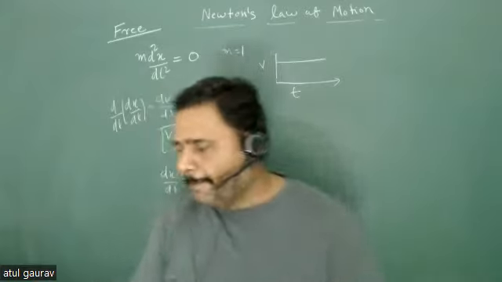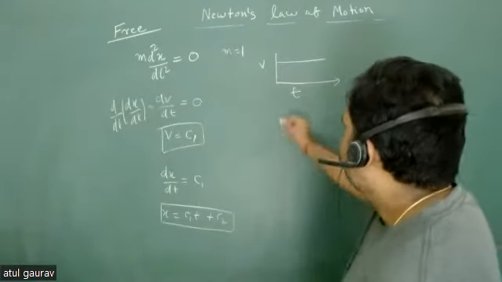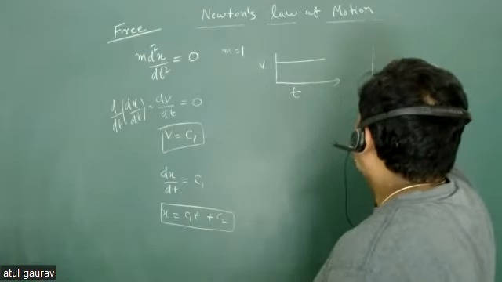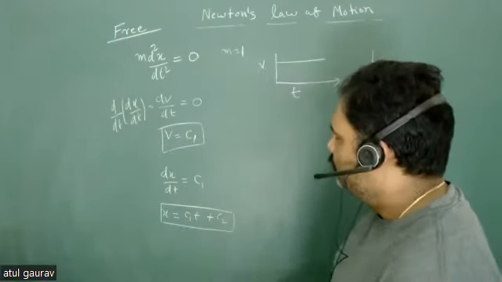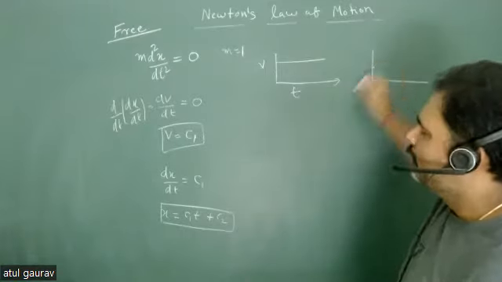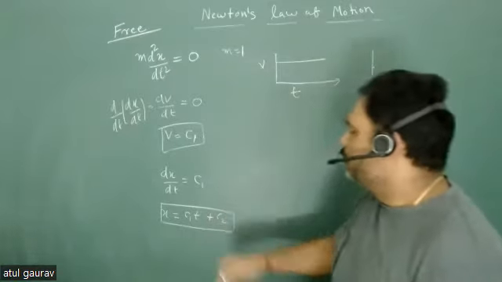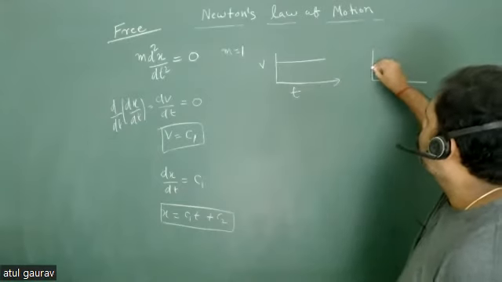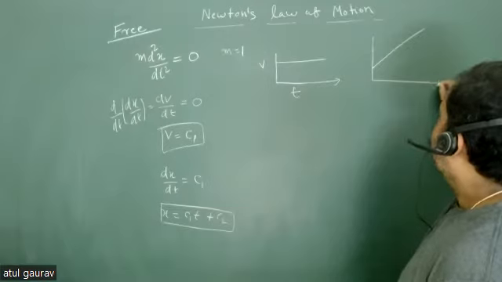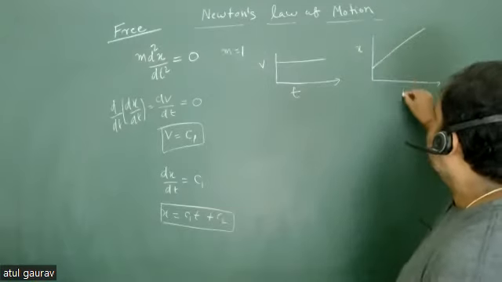How will it look? How can you plot x versus t? Obviously, this is a straight line, but with a y-intercept, a constant c2. Suppose at t equal to 0 we get some intercept value, the y-intercept c2, and this is a straight line. Okay, so this will be x versus t.